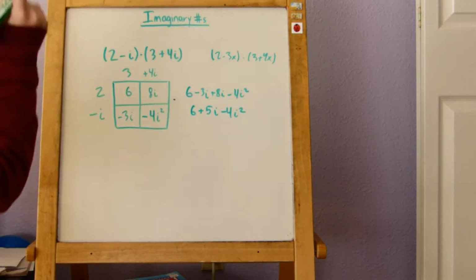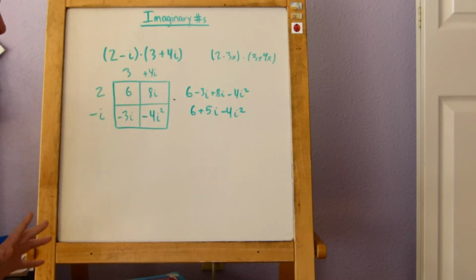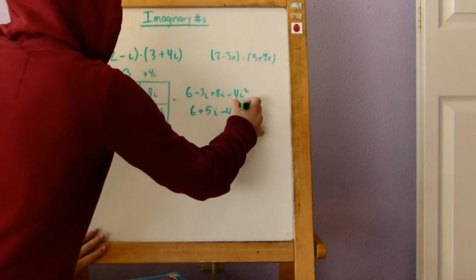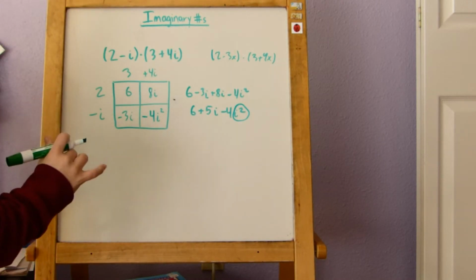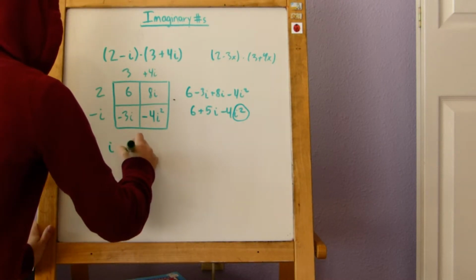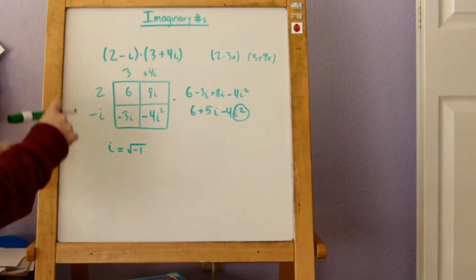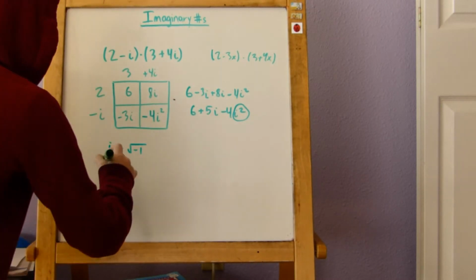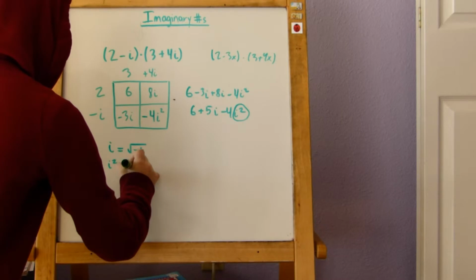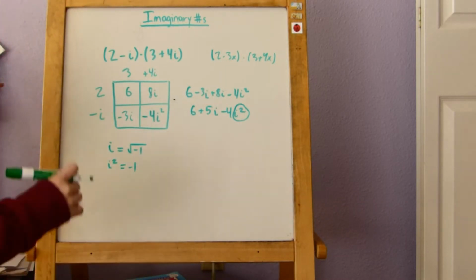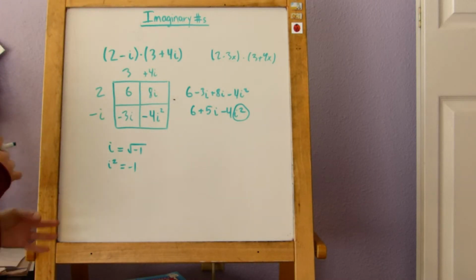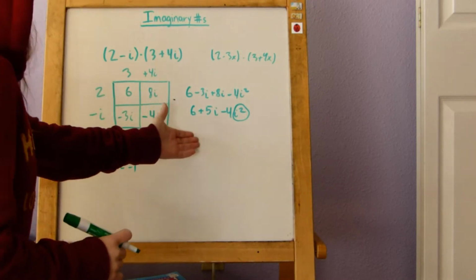Okay, so this may seem like a logical place to stop, but we have i squared. Now, do you remember what i was? i equals the square root of negative 1. So, it only makes sense for i squared to be negative 1. If you square both sides, you're going to get this. So, we can now use this property to finish up this problem.